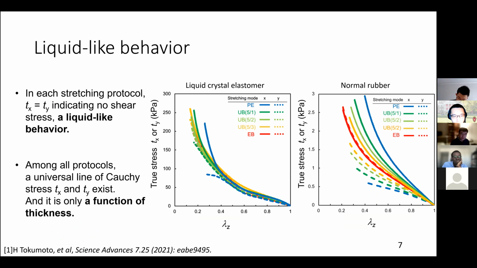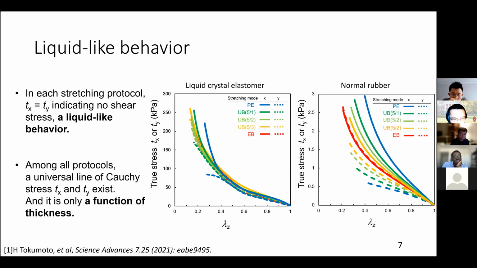Here is a summary of the stress-strain curves of all the protocols that we have just mentioned. In the figure, the x-axis is the thickness, where as you stretch, the thickness steadily decreases, from right to left.